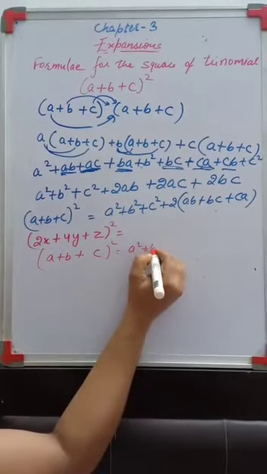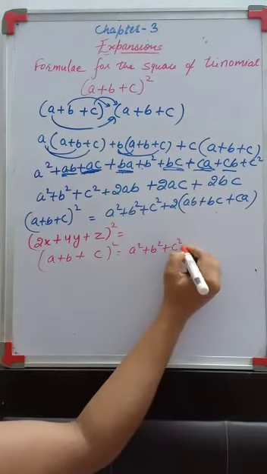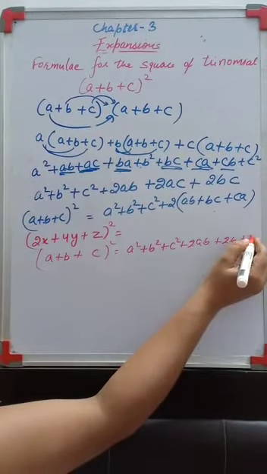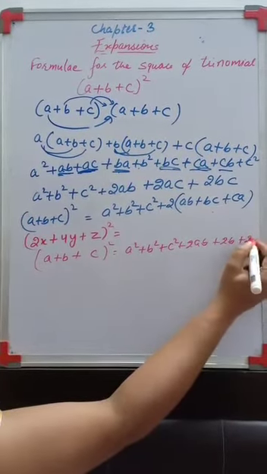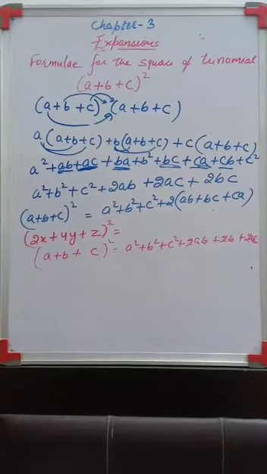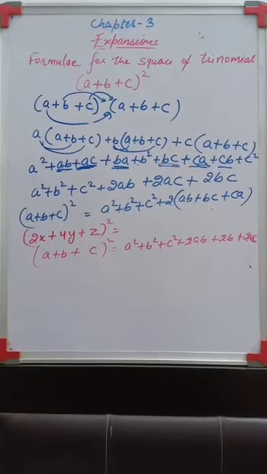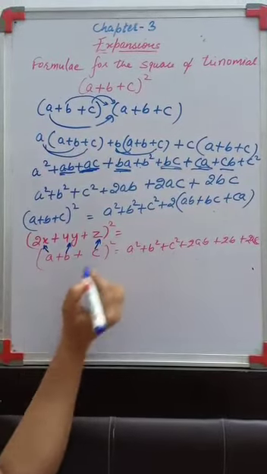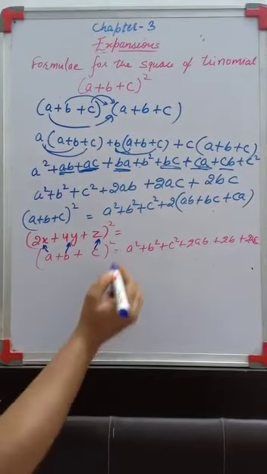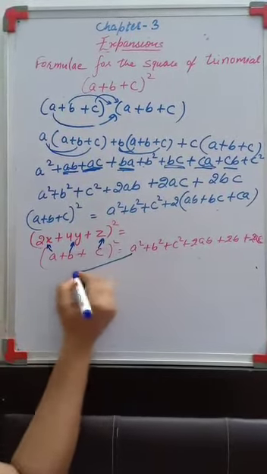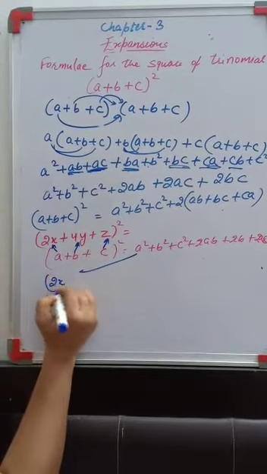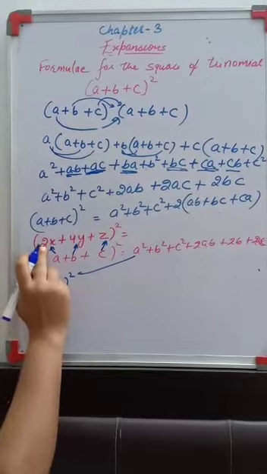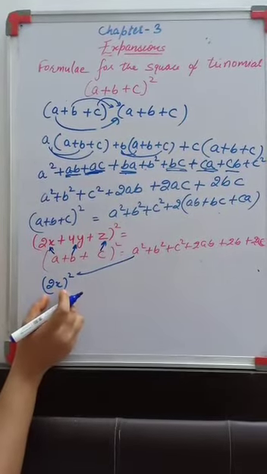A square plus B square plus C square plus 2AB plus 2BC plus 2AC, right? Now just compare the terms. Over here A is how much? 2x, B is 4y, and C is z. So A square, it will be 2x whole square. See, one thing, it is A square and A is equal to 2x, so it will be 2x whole square, right?